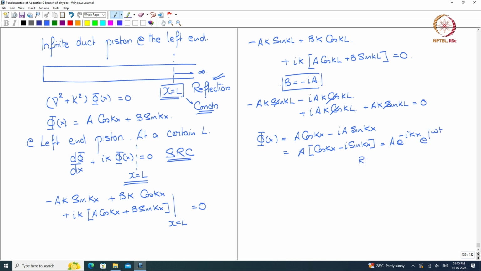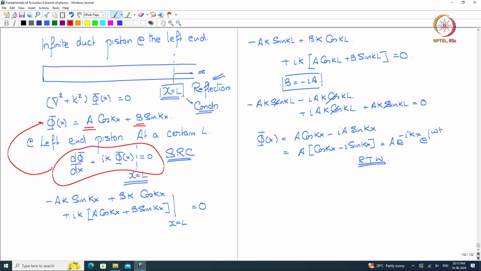This is a right travelling wave. Okay. We imposed this condition on the assumed solution, and what that did was it chose constants a and b such that we have only a right travelling wave.